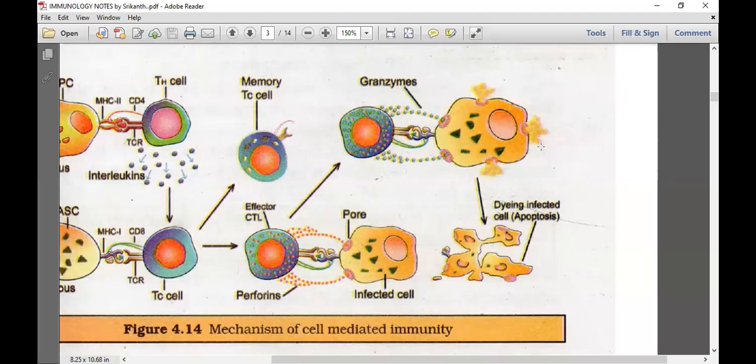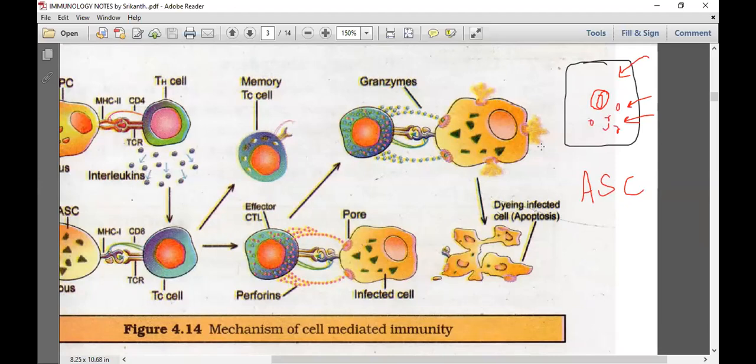If you focus clearly here, this is our body cell. What do you call that particular cell? A nucleated cell. When a microbe enters inside, this cell is called an altered cell. You see here, thousands and lakhs of microbes have entered inside. What is this cell called now? Altered cell.